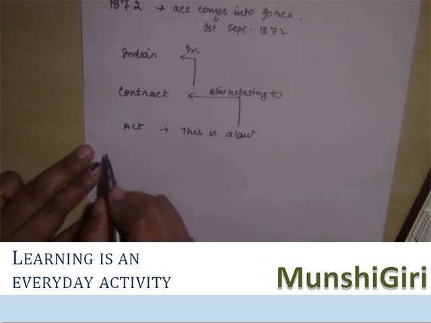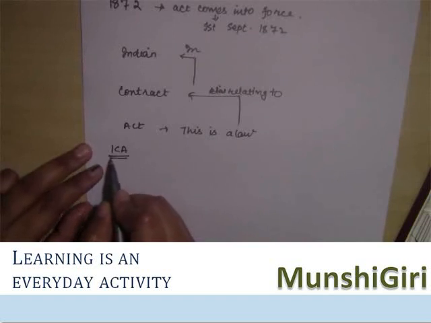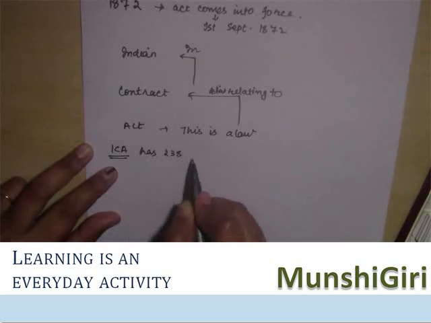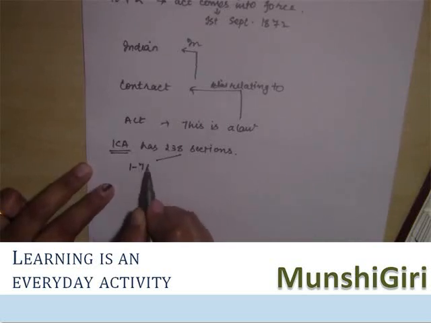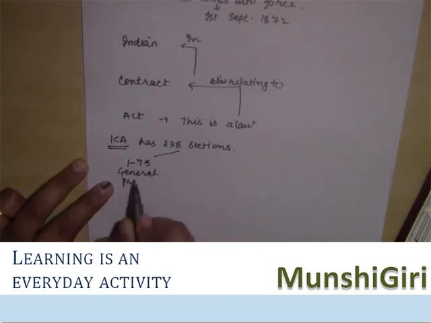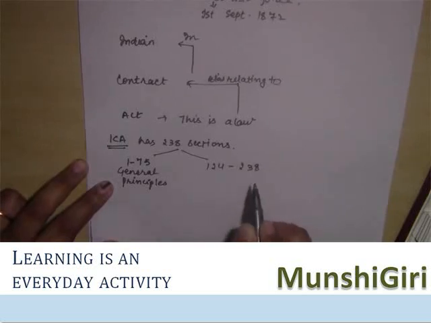Now we'll be writing the Indian Contract Act as ICA. The Indian Contract Act has 238 sections, out of which sections 1 to 75 cover the general principles of law of contract, and the other sections, 124 to 238, cover the special contracts.